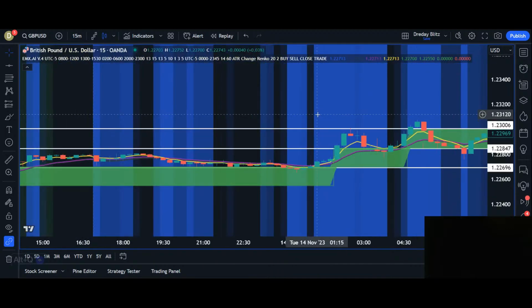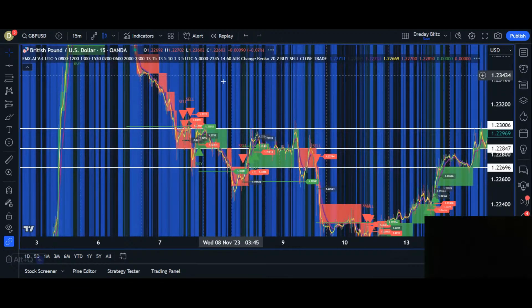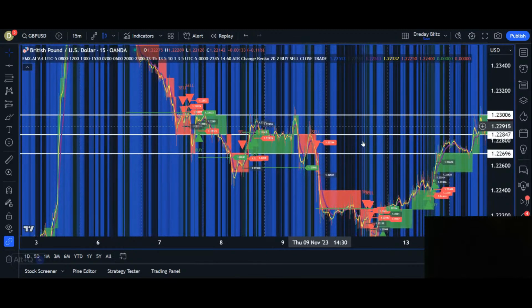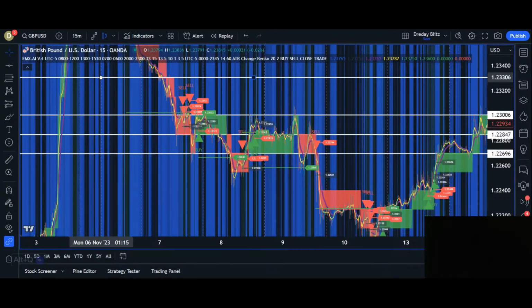So now we're just going to go back in time and see exactly where the price went. Okay, and as you could see, based off the line that I put right there, it touched previous Renkos. So what I do here is I plot the past Renkos. I'm going to start here, go on that top one right here, and put another one.